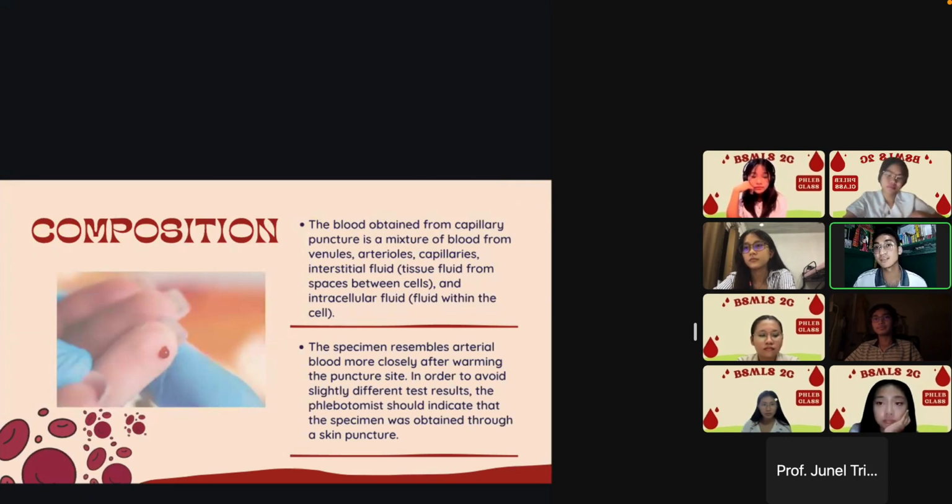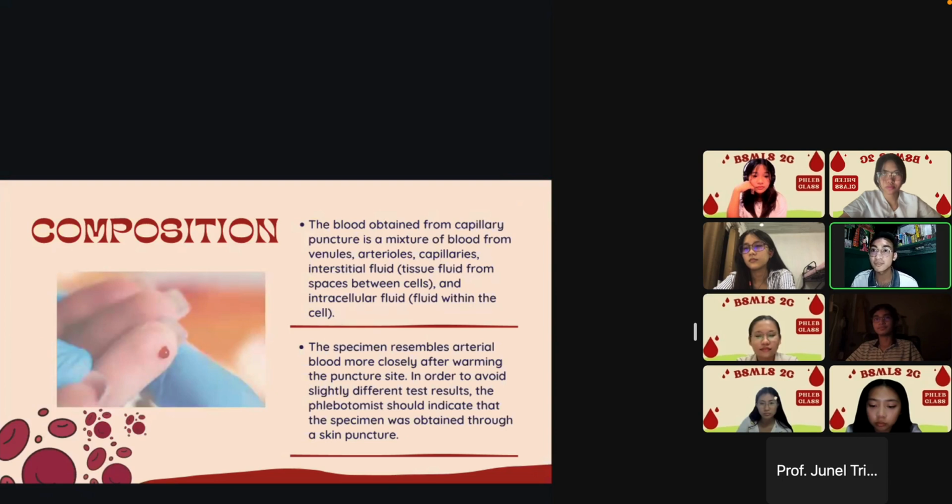So what is the composition of the blood collected during the capillary puncture? The blood obtained from capillary puncture is a mixture of blood from venules, arterioles, capillaries, interstitial fluid, which is the tissue fluid from spaces between cells, and intracellular fluid, or the fluid within the cell.